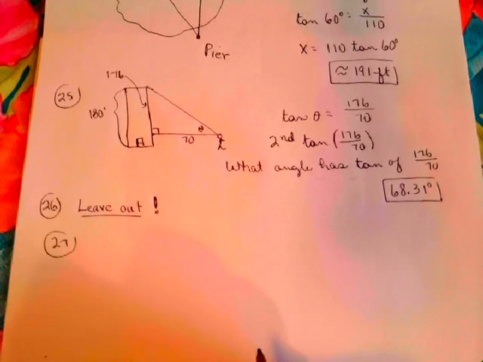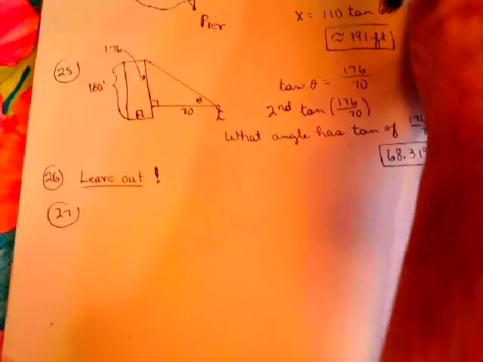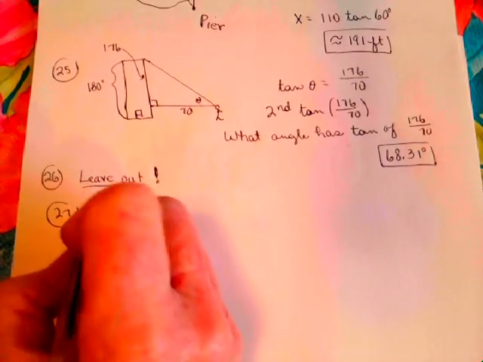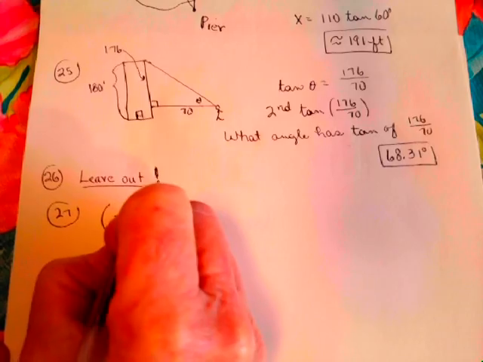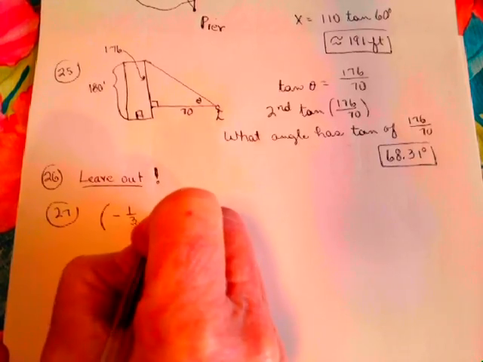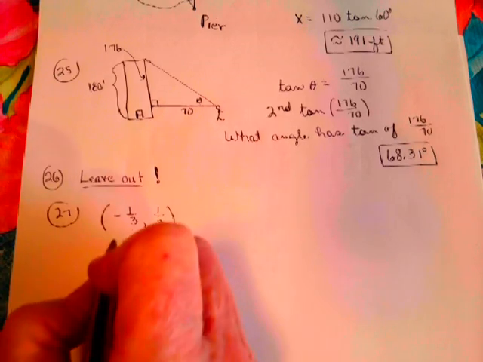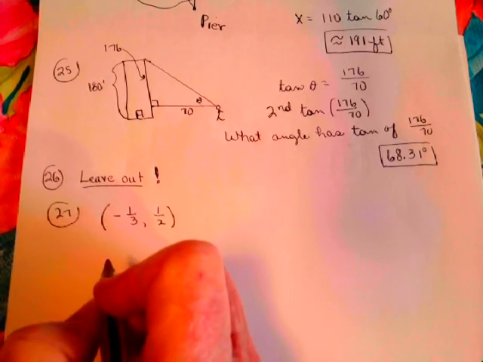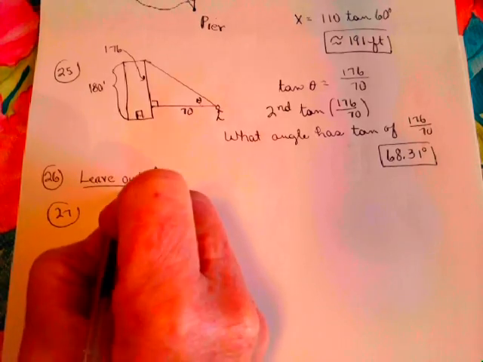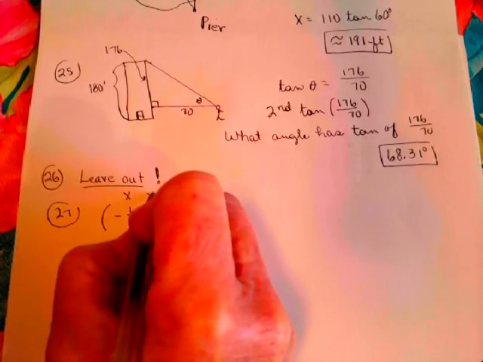27. A point on the terminal side of angle theta is given. Find the exact value of the indicated trig function of theta. So they're telling me that negative 1/3, comma, 1/2 is a point on the terminal side of angle theta. That's telling me that this is an x value and this is a y value.